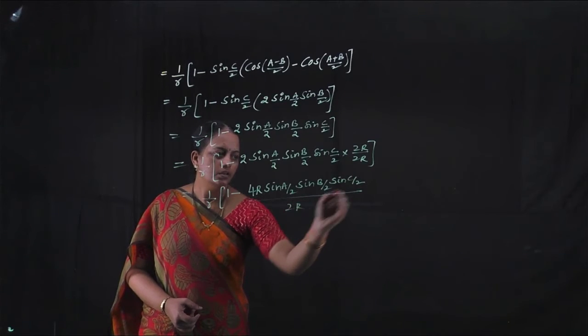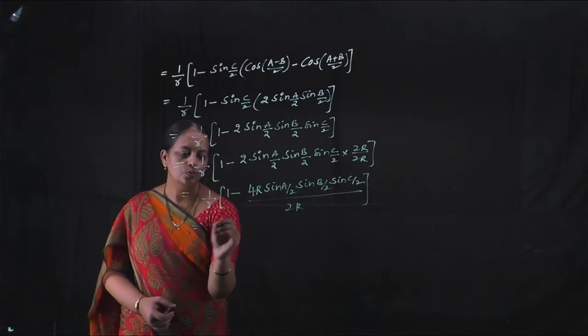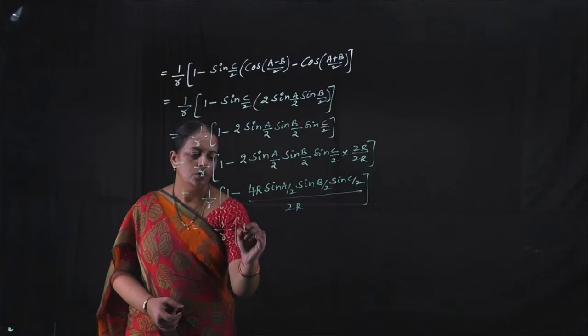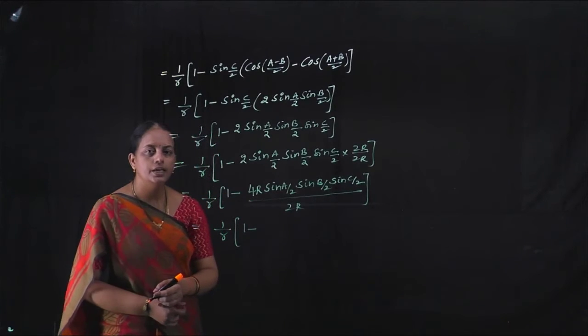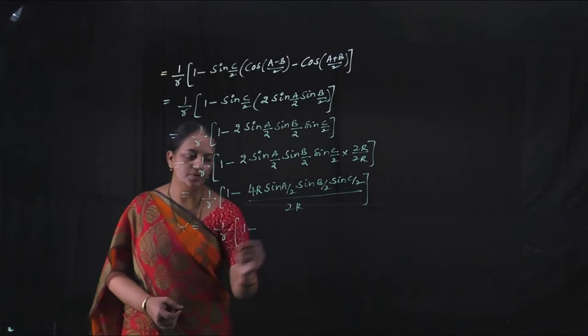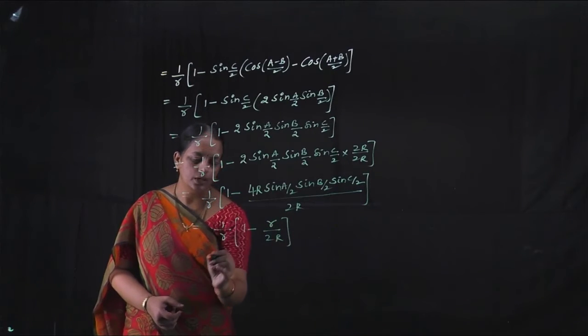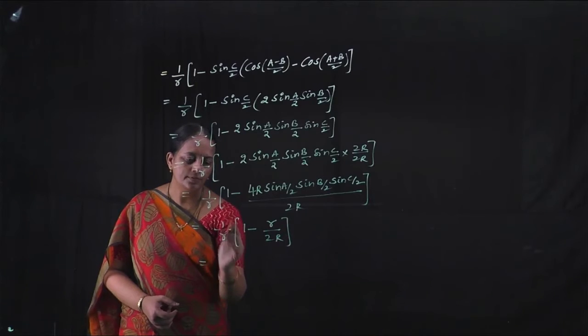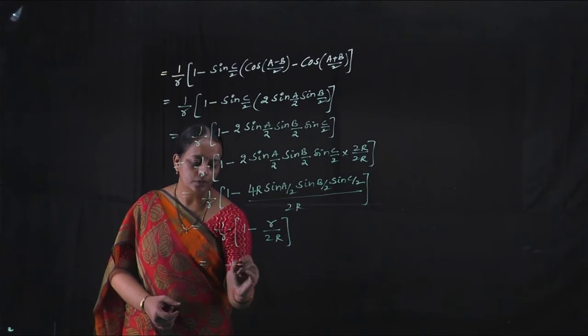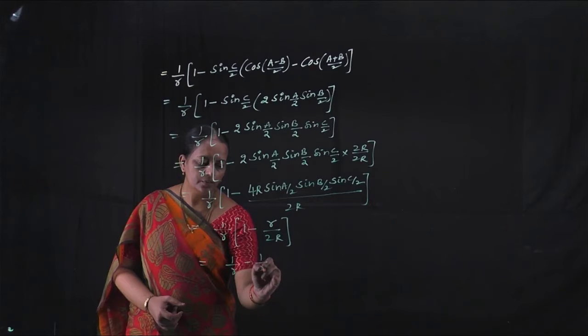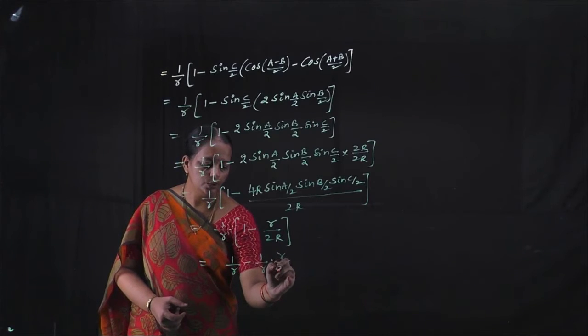Okay, this is equal to 1 by r into 1 minus 4R sin A by 2 sin B by 2 sin C by 2, which means small r by 2 into capital R. Multiplying these two terms with 1 by r, 1 by r into 1, 1 by r minus 1 by r into r by 2R.